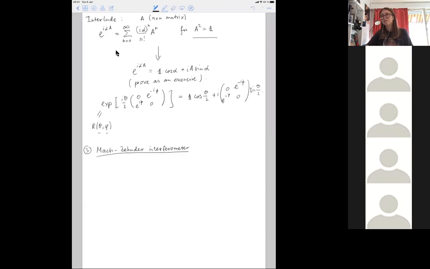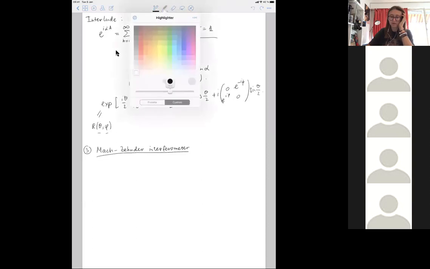How is this device built? The founding element of this device is a beam splitter. Let me draw it with some color, let's say orange.